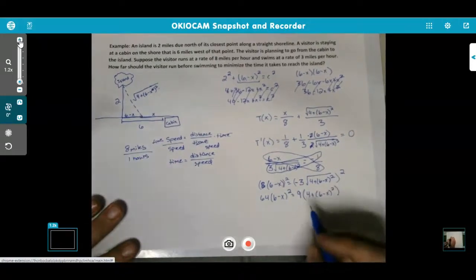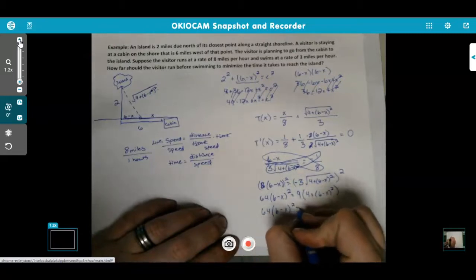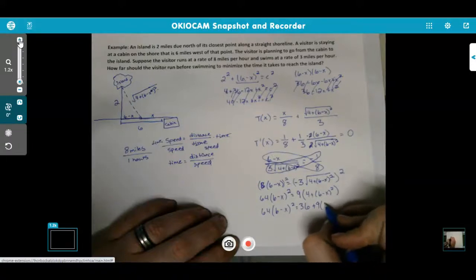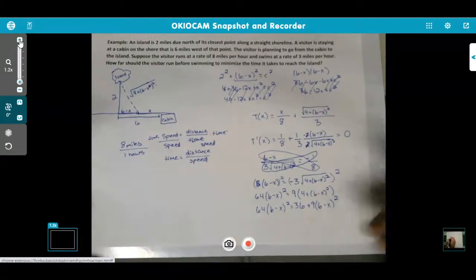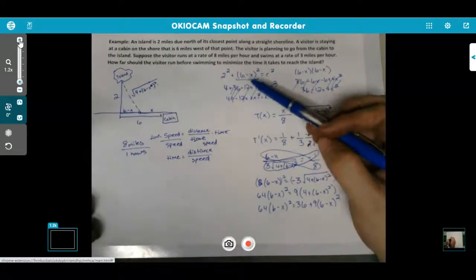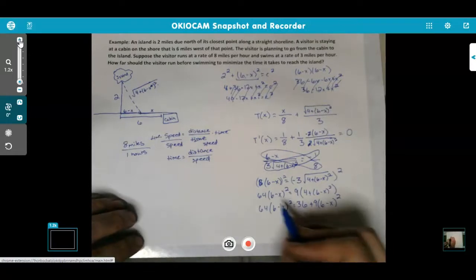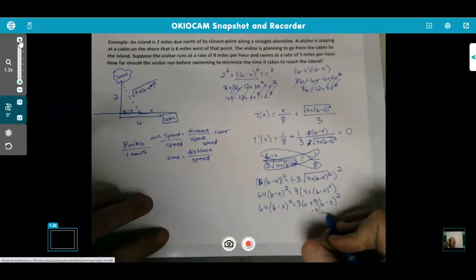Over here, distribute this 9. We have 64 times 6 minus x squared equals 9 times 4 is 36, plus 9 times 6 minus x squared. Now, the reason I said leave it just as this stuff squared is because now look, since I have 6 minus x squared over here and 6 minus x squared over here, I can just subtract it to bring it to the same side.